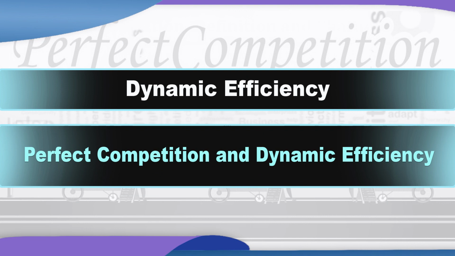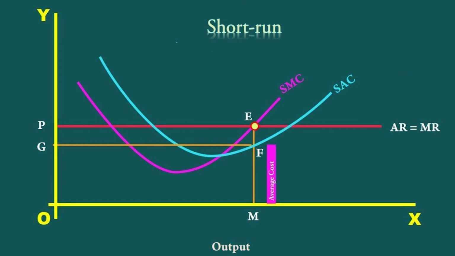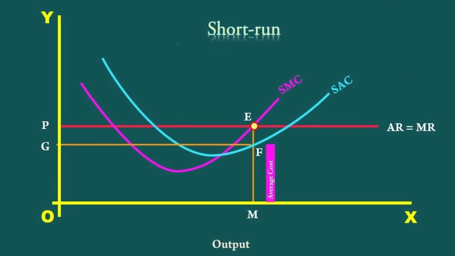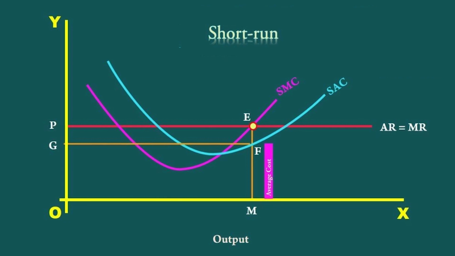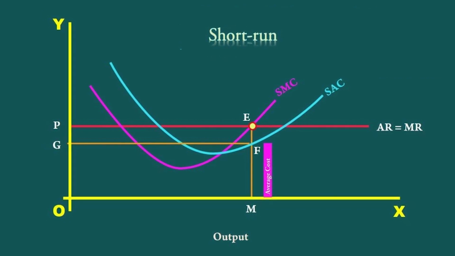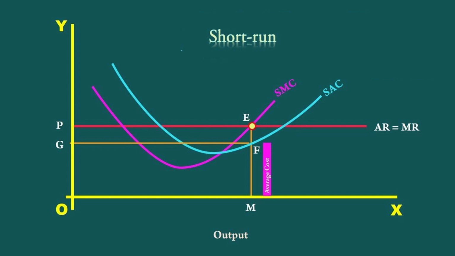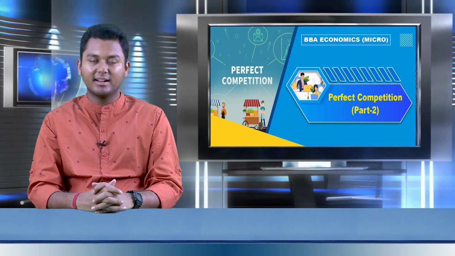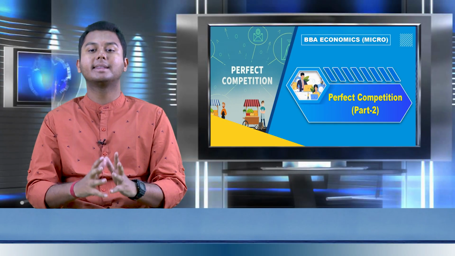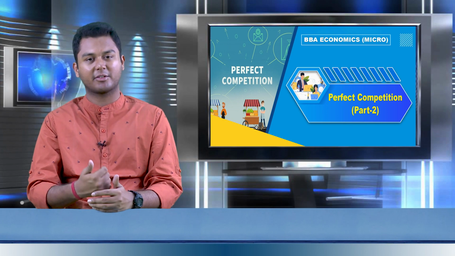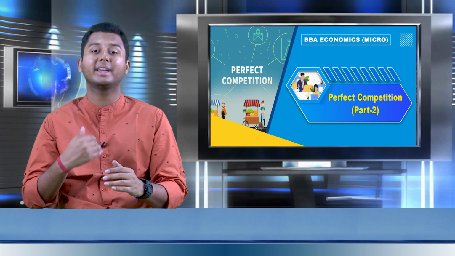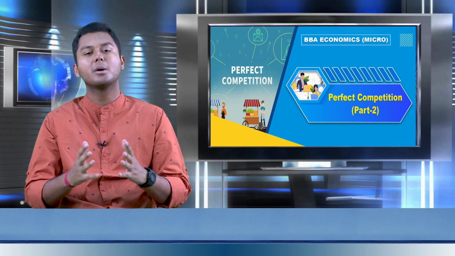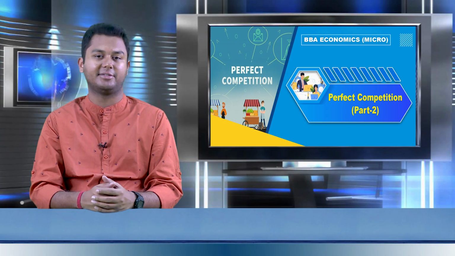Perfect competition and dynamic efficiency: if we try to understand the relation between these, then in the short run, perfect competition can drive dynamic efficiency by encouraging firms to innovate and reduce cost to remain competitive. However, in the long run, the lack of economic profits in perfect competition may reduce incentives for firms to invest in research and development, potentially limiting dynamic efficiency.